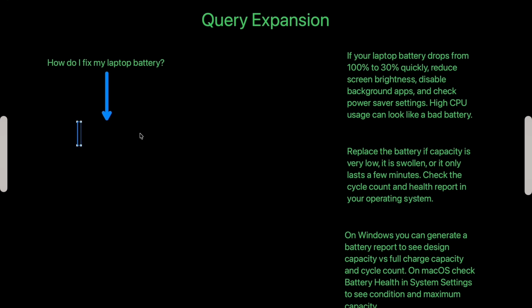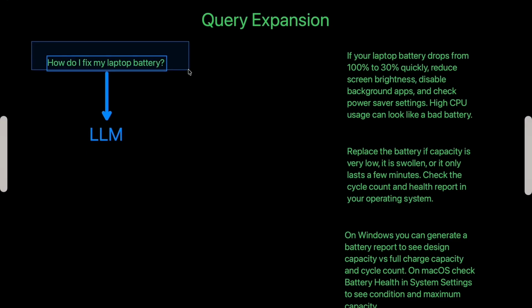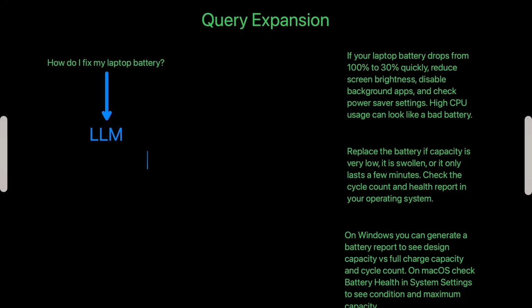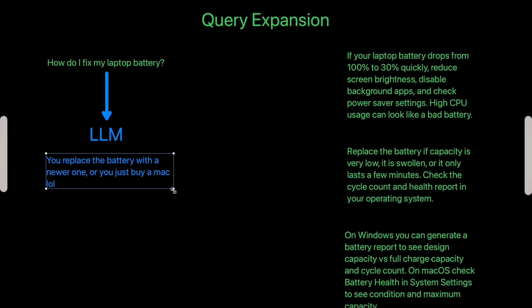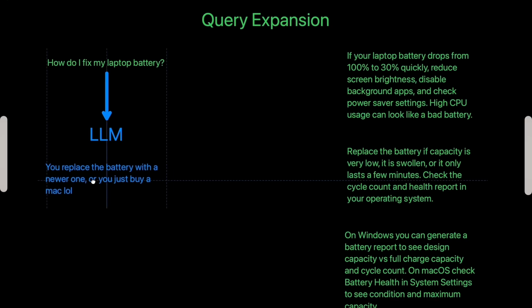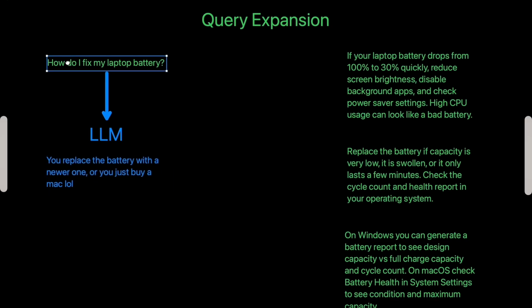So you have here the LLM, and you actually augment this by creating a fake answer for this. So you ask the LLM, based on this query, to create a fake answer. The fake answer might be something like, I don't know. So you just augment the text with some LLM generated text, and then you basically add this onto the query.